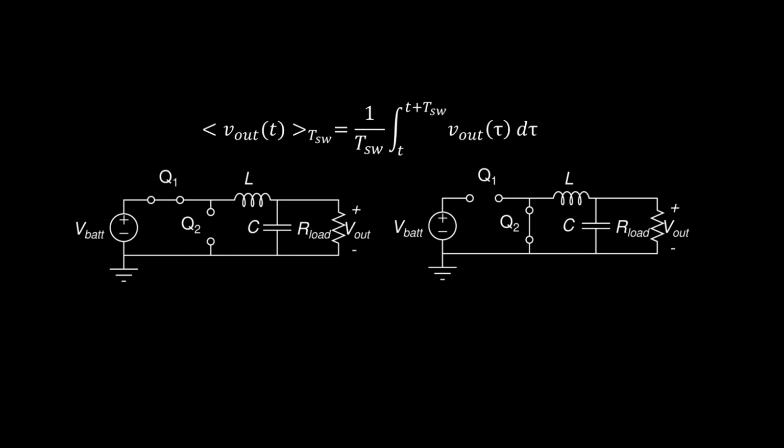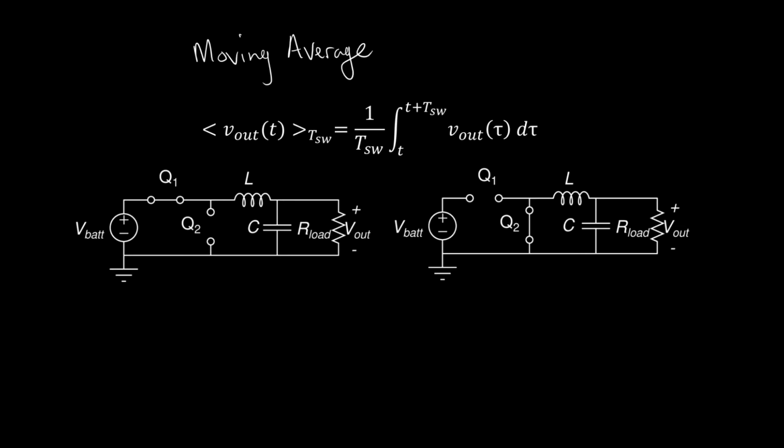So last time we introduced the idea of this moving average. Basically what we're doing is integrating a signal of interest over some period specified here, in this case the switching period for switch mode power supplies.